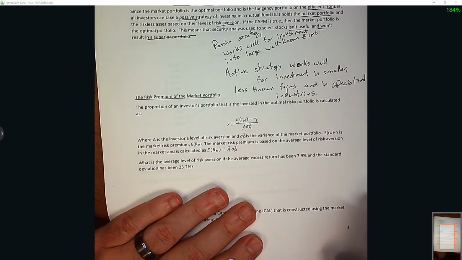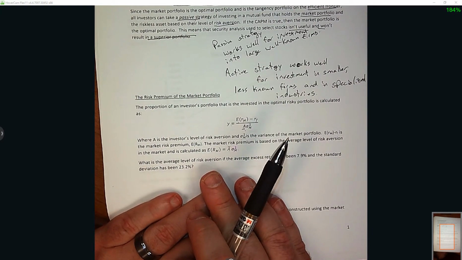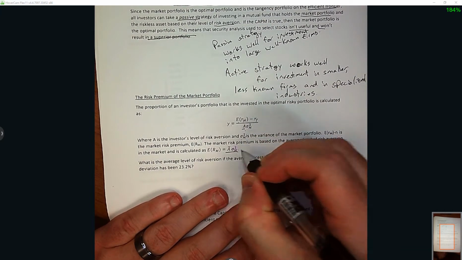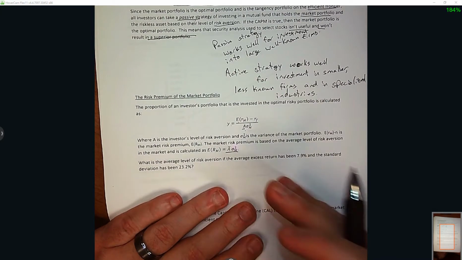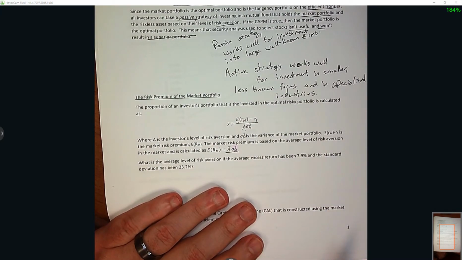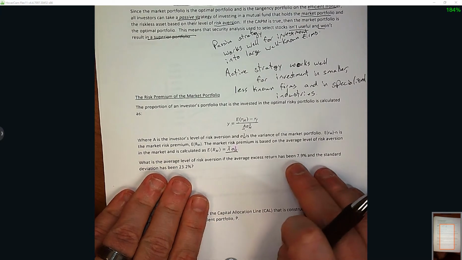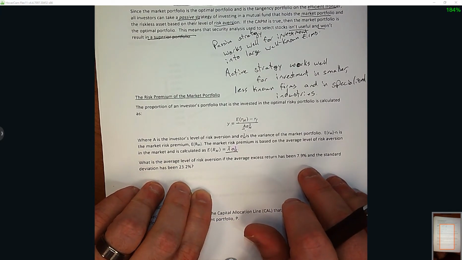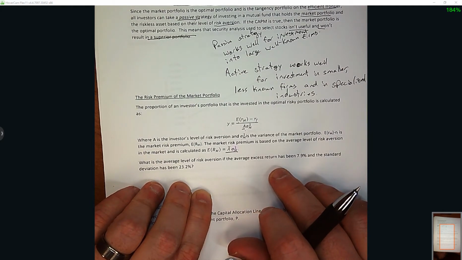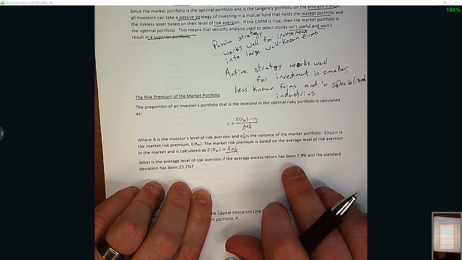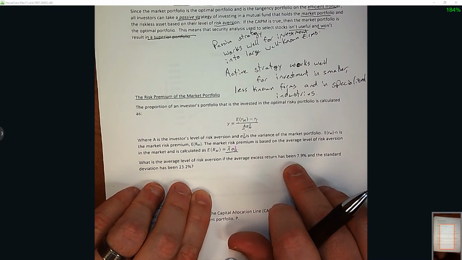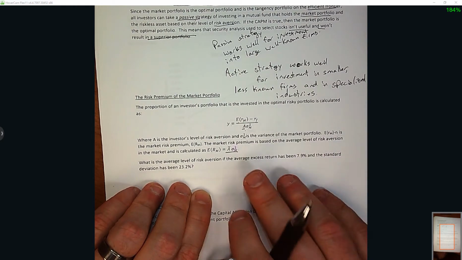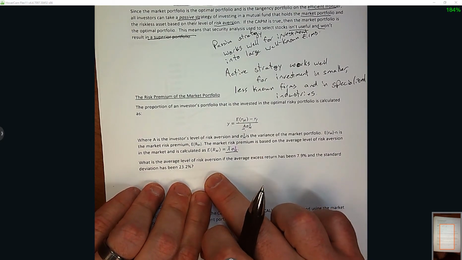So very early on in the notes that I've recorded for you, I talked about that we were going to do this. We were going to calculate the average level of risk aversion, that A number for the market. These returns are a little bit dated, but they're fairly consistent over time. The average excess return for the market for a period of about 10 years was 7.9%, and the standard deviation for the market for the S&P 500 return was 23.2%.